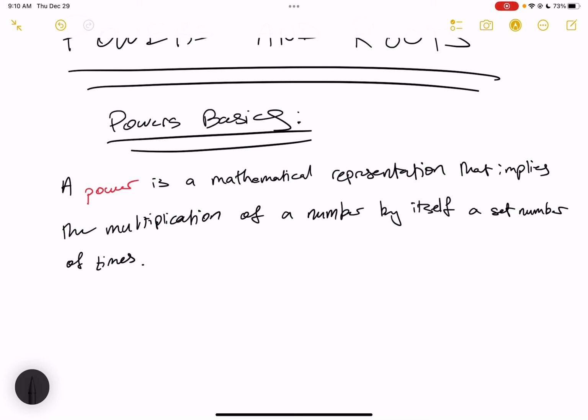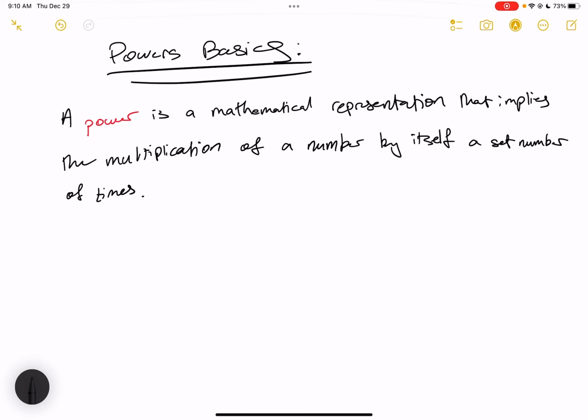So I'll repeat that. A power is a mathematical representation that implies the multiplication of a number by itself a set number of times. And you've probably seen exponents aplenty already.